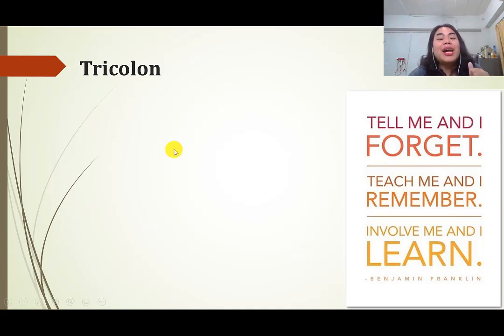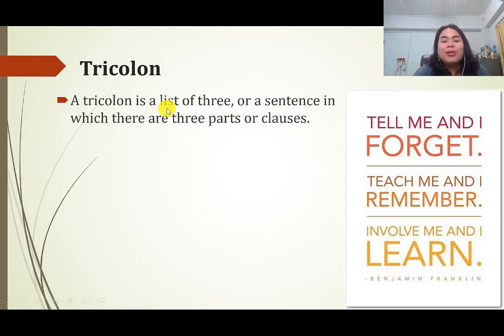Also, what? Tricolon. You know colon, right? Colon, okay, but tricolon, 3. A tricolon actually is a list of 3, or a sentence in which there are 3 parts or clauses. So like I said, anything that contains the magic number 3.